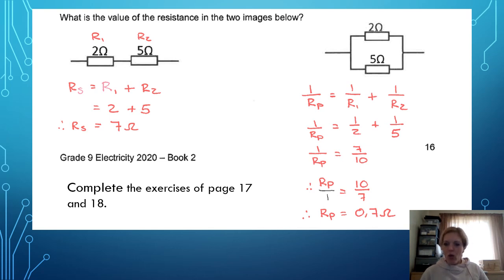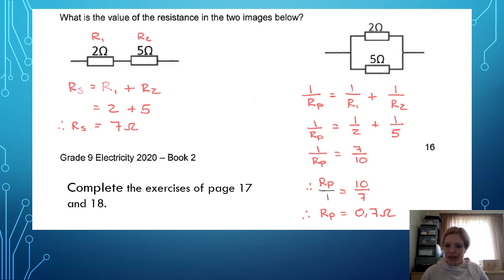It's going to be 1 over 2 plus 1 over 5. Therefore, I am going to have 1 over RP equal to 7 over 10. 7 over 10. And I'm going to flip that value and divide it. That should give me a resistance of 0.7 ohms.